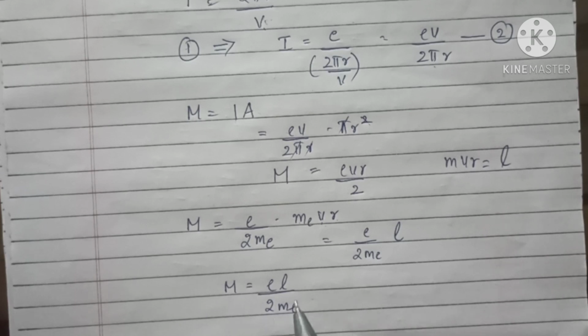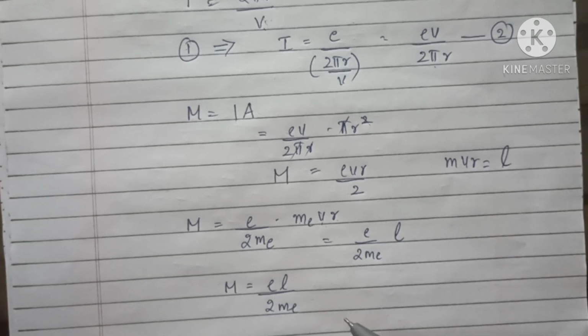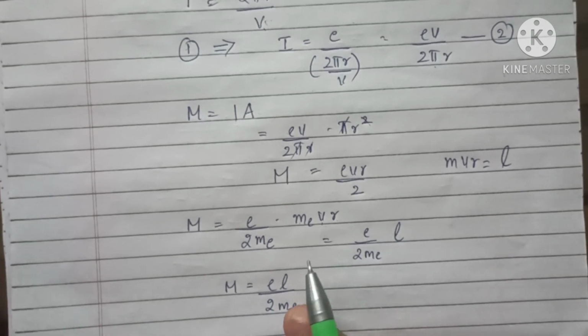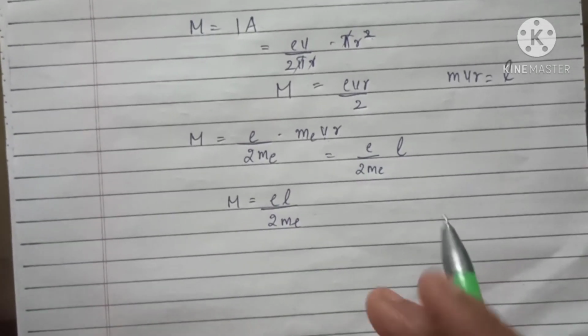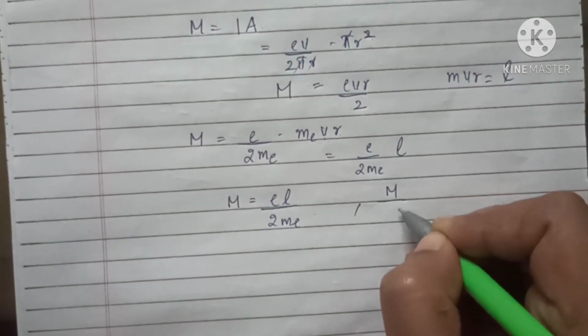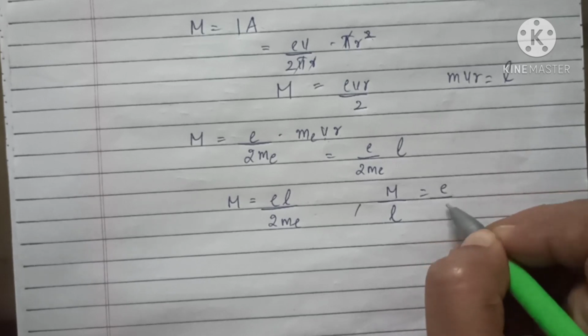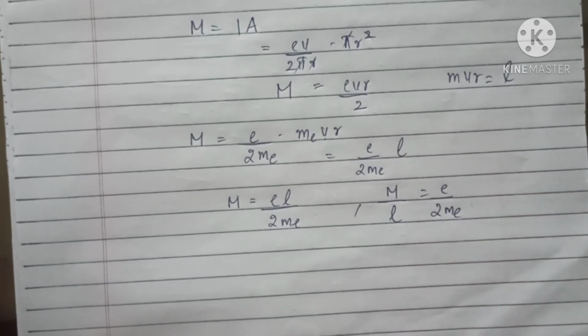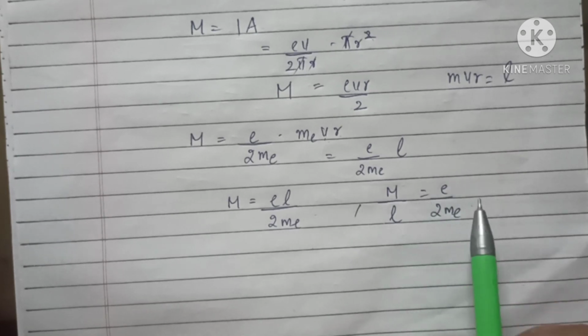Clear? Now just again a small simplification, I am taking this L here, so I can write m by L is equal to e by 2me, and it is actually a constant.